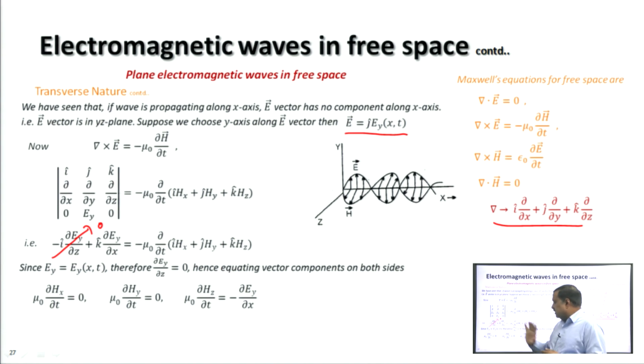So, from this equation let us equate components of the vector on the two sides. Then we get mu 0 delta h x by delta t equal to 0, mu 0 delta H y by delta t equal to 0 and mu 0 delta H z by delta t equal to minus delta E y by delta x.